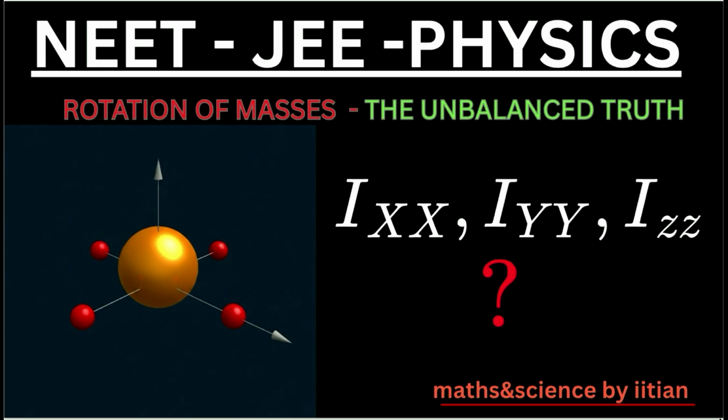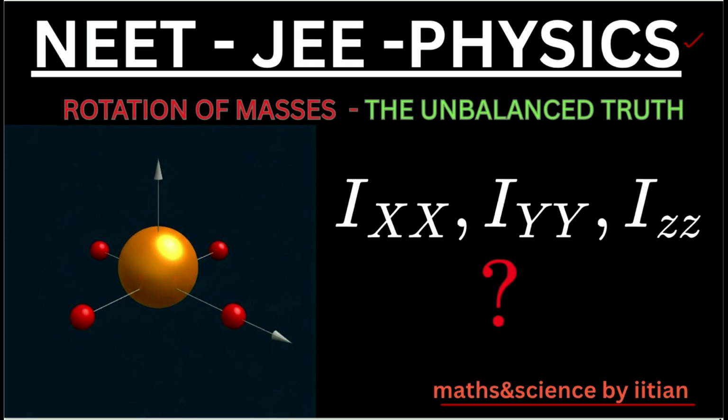In this lecture, we will be talking about rotation of masses and the unbalanced truth, that's finding Ixx, Iyy, Izz. Till now we have seen one particular rigid body rotating about an axis. There are different masses kept at different places.